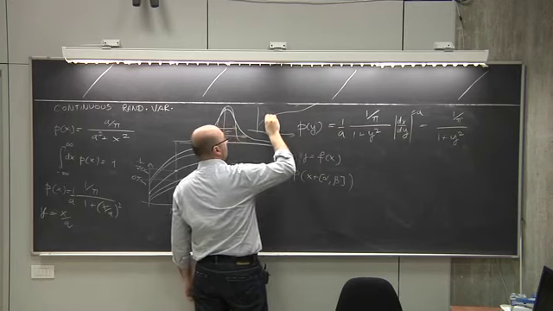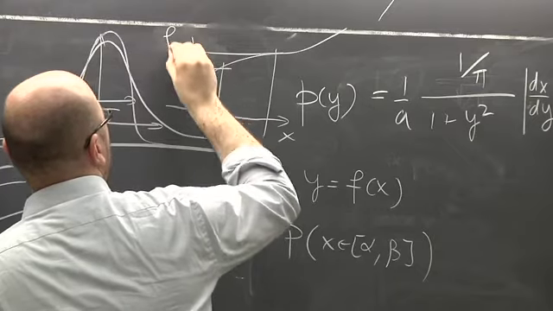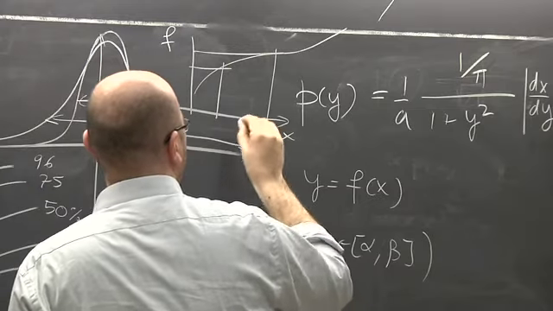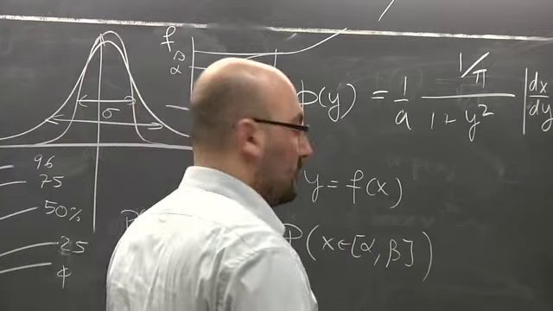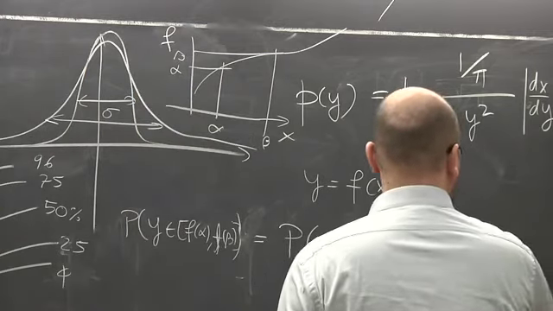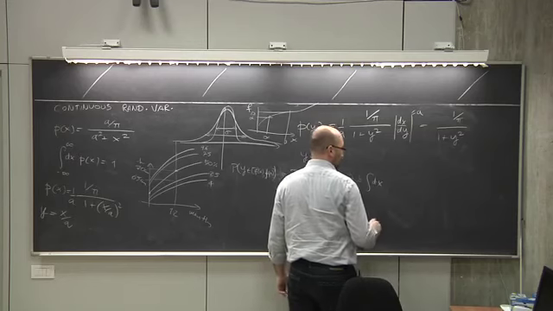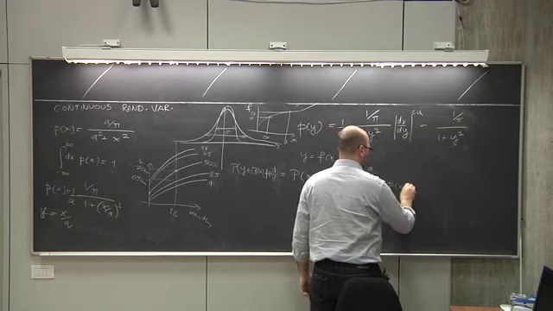Okay, so this is the integral in x between alpha and beta of p of x.